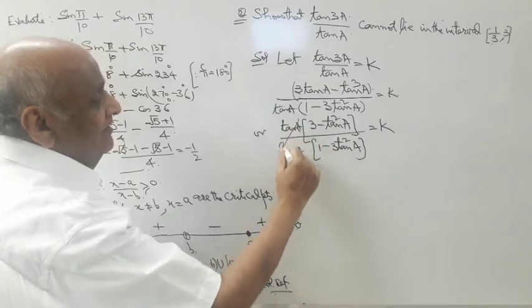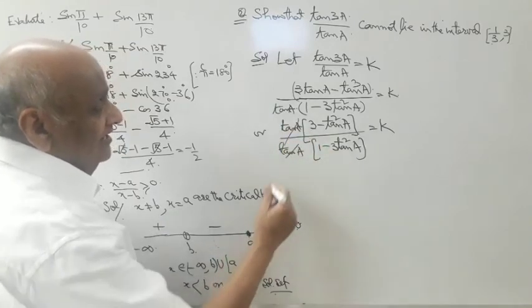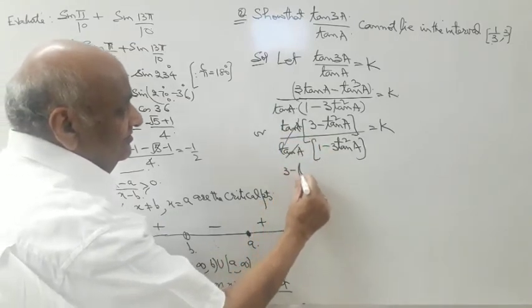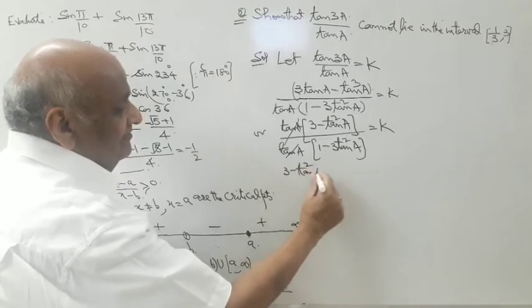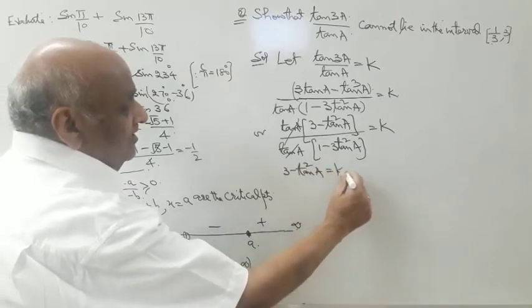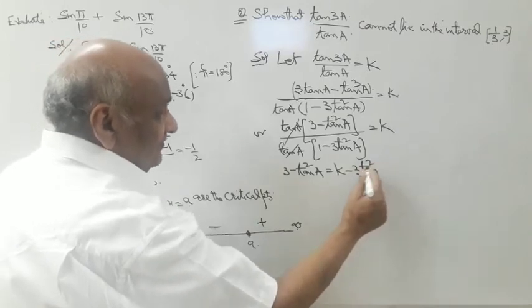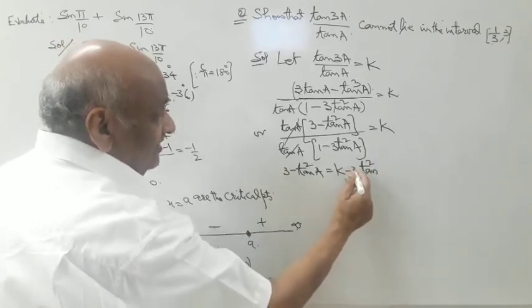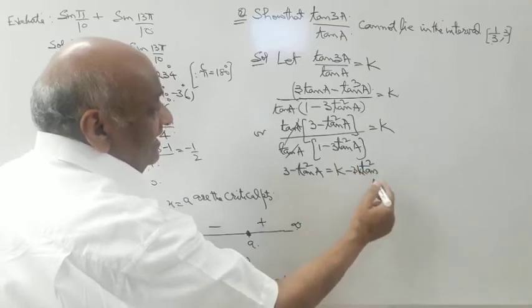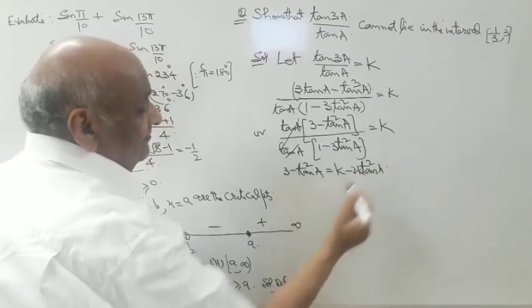Now this tan a will cancel out, and you have 3 minus tan square a equal to k minus 3k tan square a.